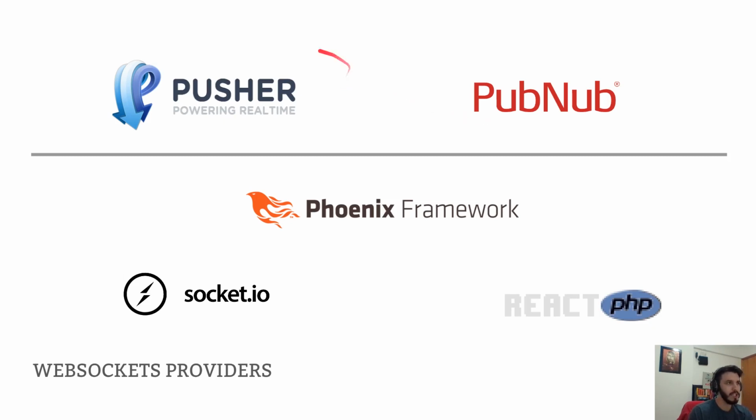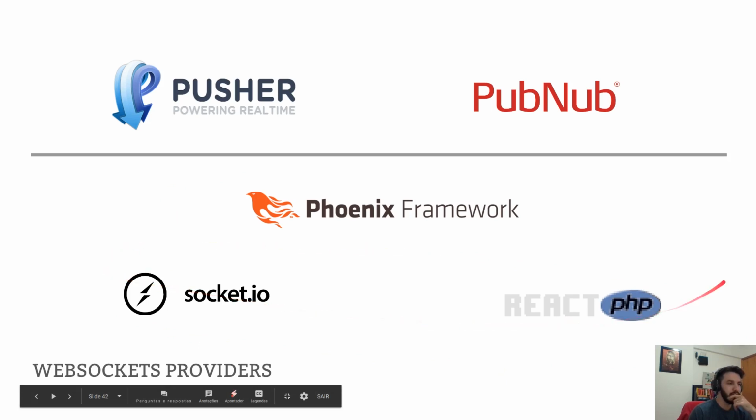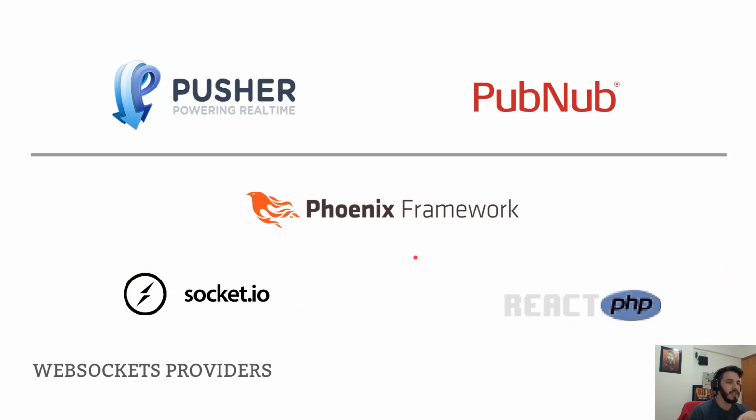Some common implementations of WebSockets: there are some paid ones, which are Pusher and PubNub. These are services that provide WebSockets connections for your application. There are also some pretty interesting implementations, like Phoenix, a web framework in Elixir, and it provides WebSockets out of the box for you, so that's awesome.